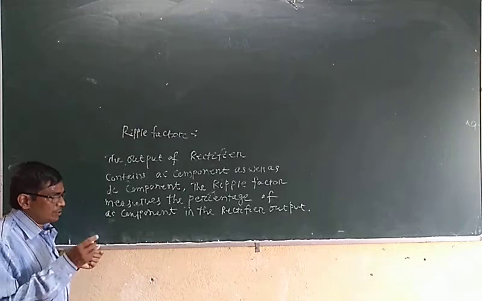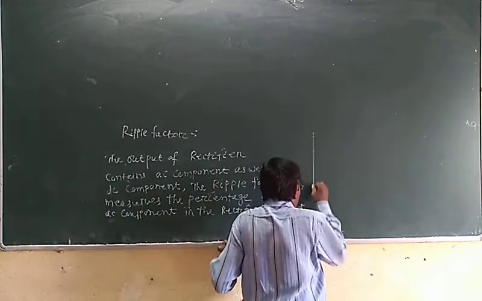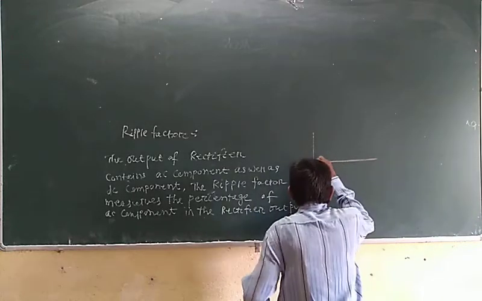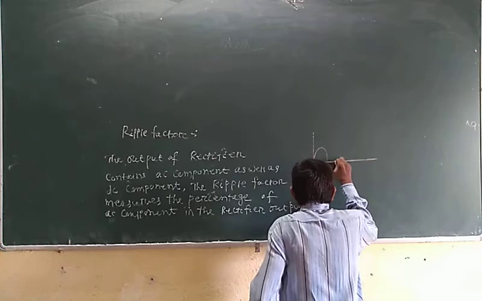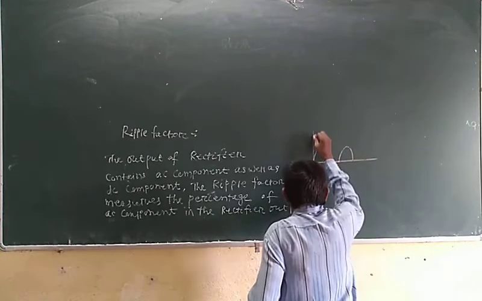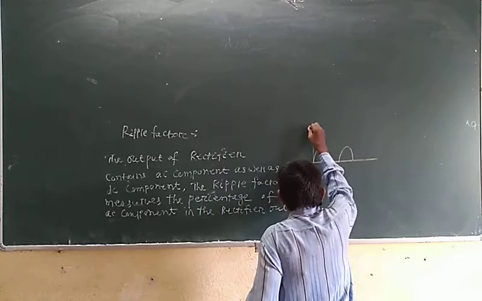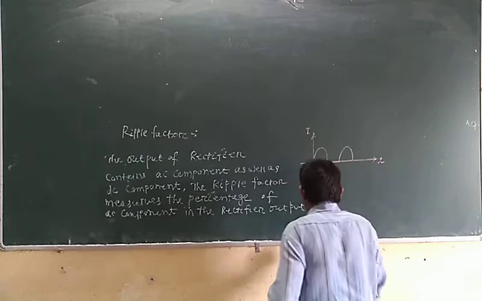contains the output waveform. This is the positive half cycle, then there is no current, then again the positive half cycle. This is the current I and this is the time axis, this is the origin.